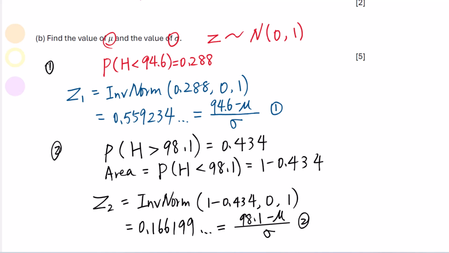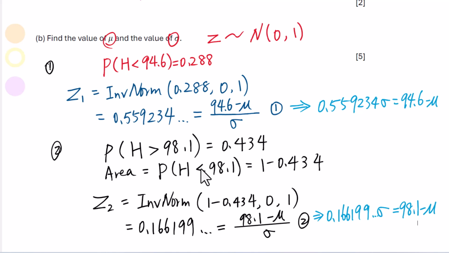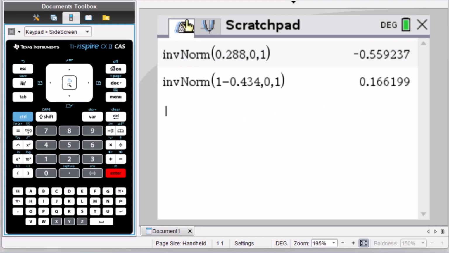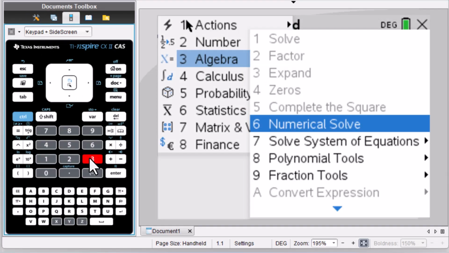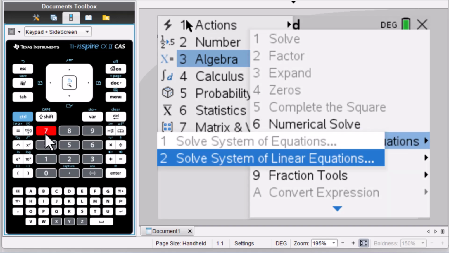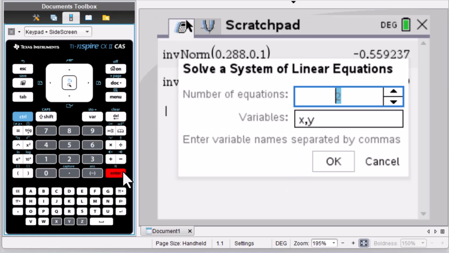For the first equation, times the sigma both sides. For the second equation, times the sigma both sides. Then we can use solving system of equations in the calculator. Go to menu, 3 algebra, 7 solve system of linear equations.